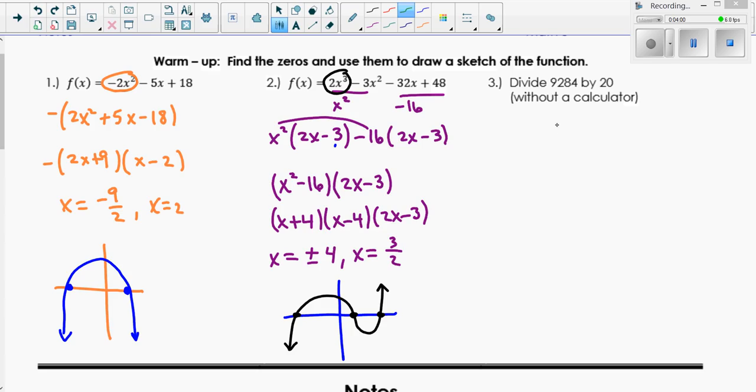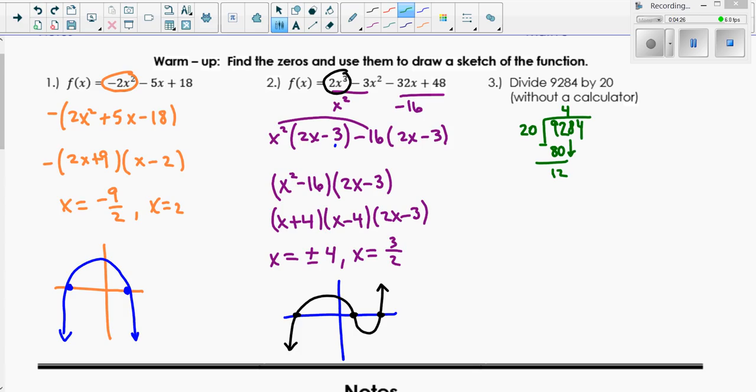Okay, so I'm going to divide 9284 by 20. Okay, so 20 does not go into 9, but 20 does go into 92 4 times. Multiply 4 and 20, you get 80. Subtract, you get 12.